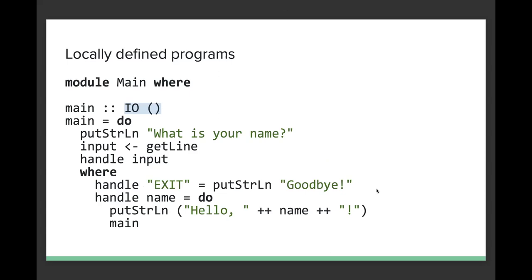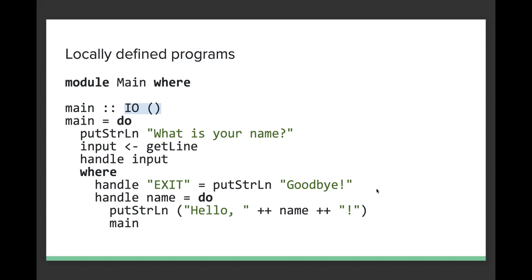If we pass exit to handle, it just prints goodbye and does not call main. On the other hand, if handle receives anything else, then we print hello name and call main recursively. Okay, does this make sense?